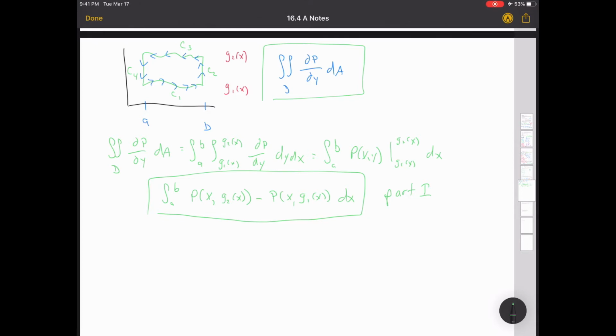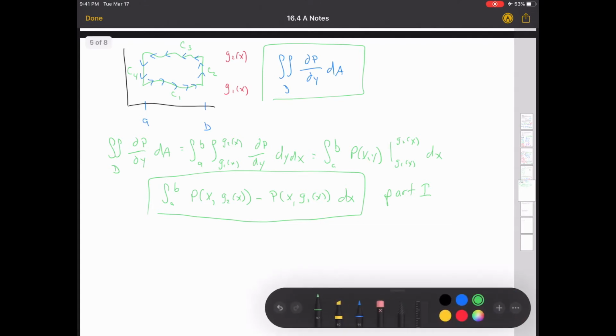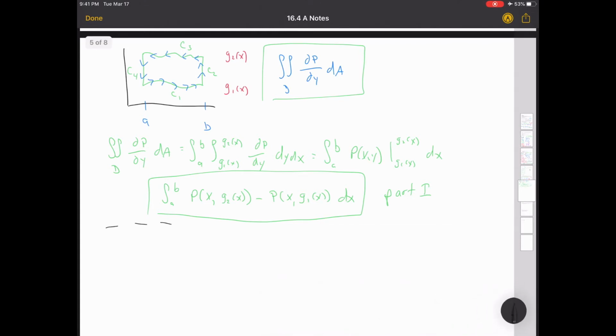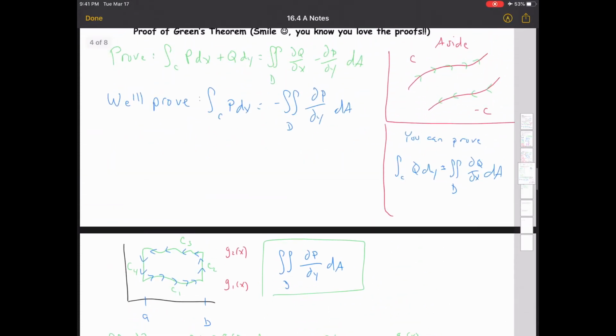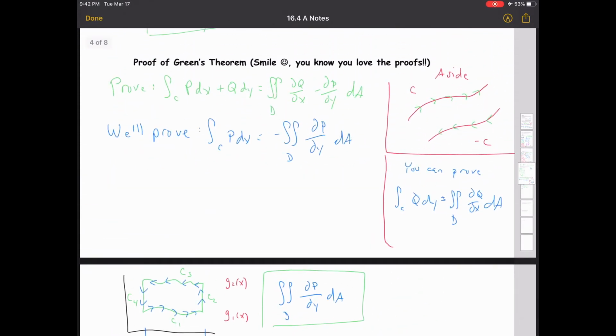Now we're going to do part 2. So let's go ahead and separate this. In part 2, we actually have to find the line integral. So the part that we're going to be showing is the line integral over C of P dx.